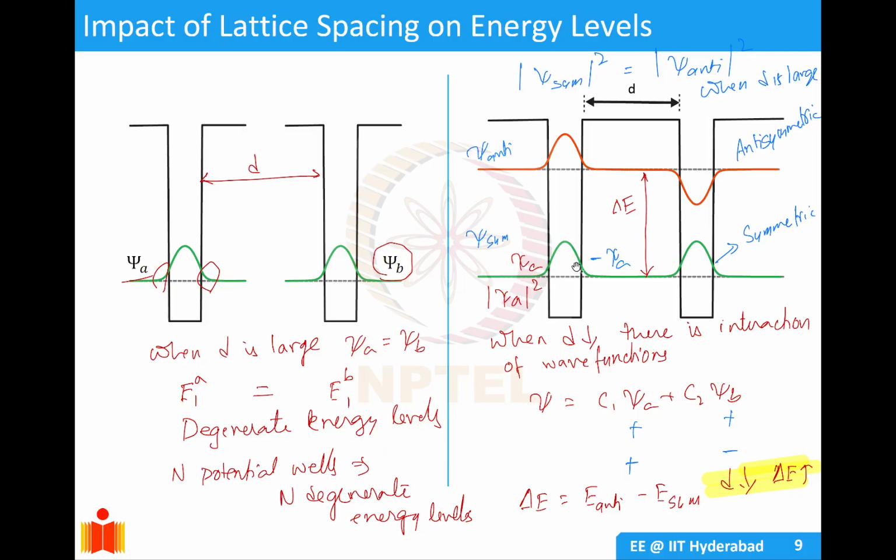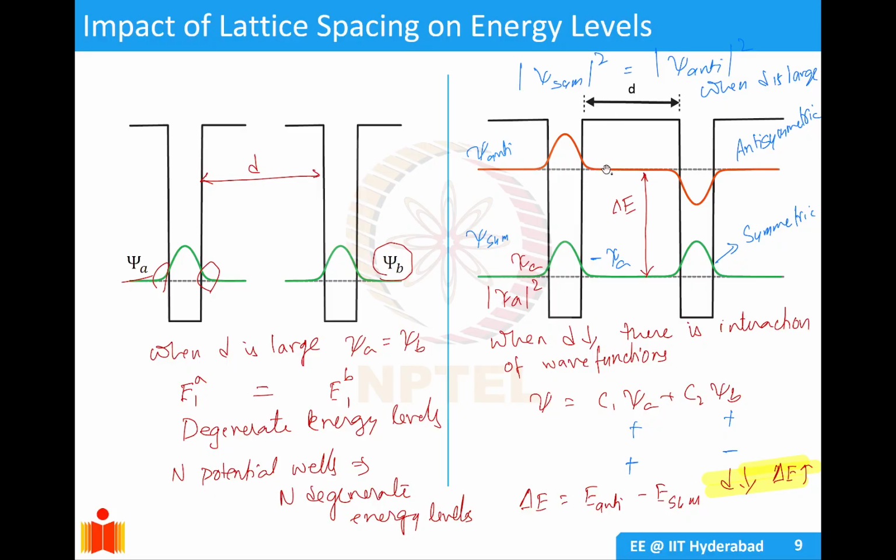But if d is less, then there will be interaction between neighboring potential wells, and that will result in two kinds of wave functions, because their wave functions will then be connected. One is a symmetric wave function and one is an anti-symmetric wave function.